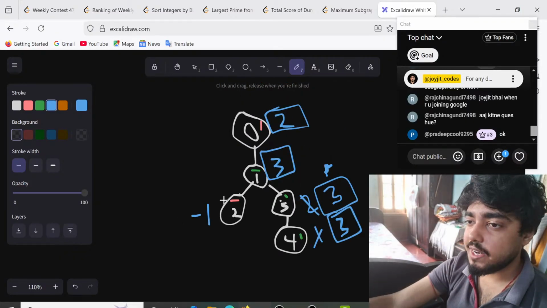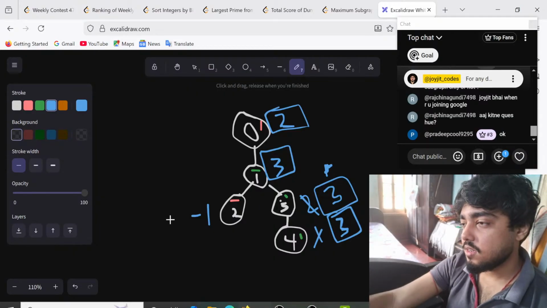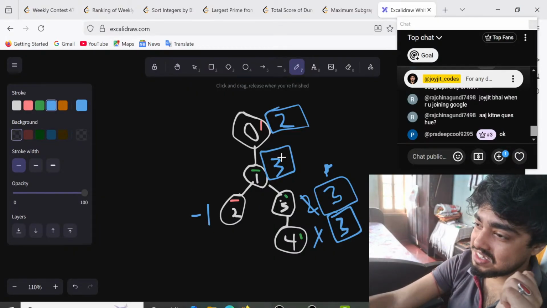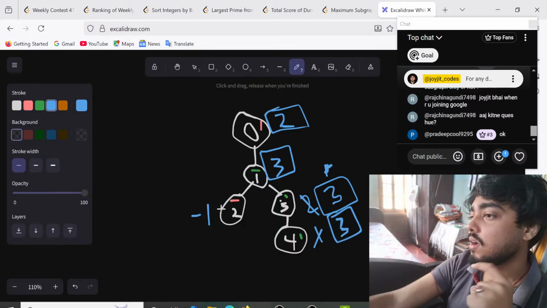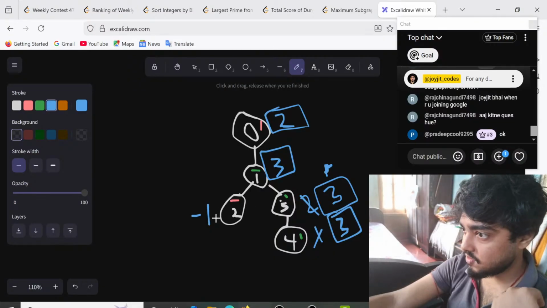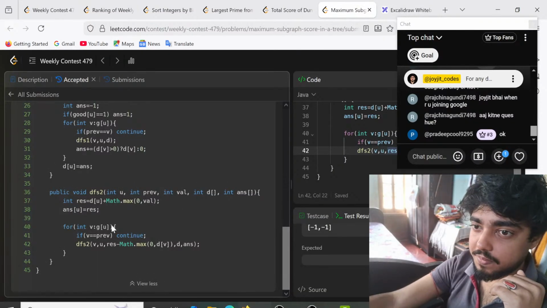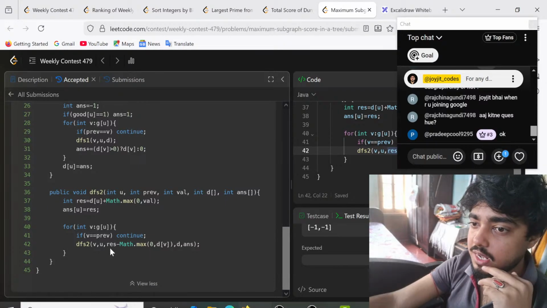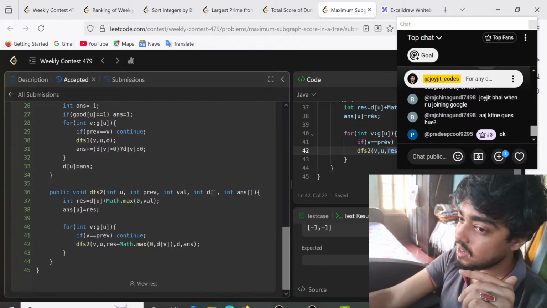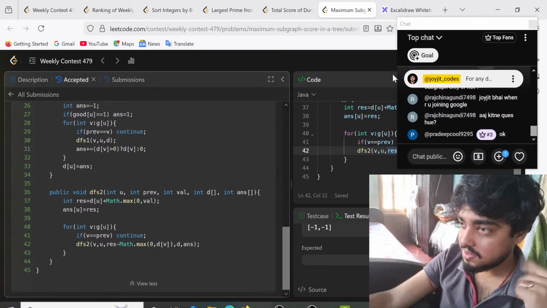We are left with this, right? So let's try to understand what the value of this would be. This is minus 1. This is 3. Okay. What is the value? The value is top minus 1. Correct? But remember one thing, it is result minus max of 0 comma d of v. So if it is negative, you won't consider that. Okay.